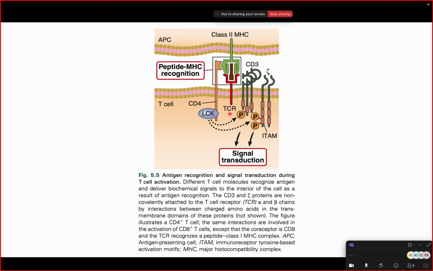Second step, there will be some changes in the receptor. Here that change is basically phosphorylation. This P stands for phosphorylation. When this complex was not made, the phosphorylation was not there. The moment this complex is made, there are changes in the receptor. In this case, it is phosphorylation. The third step is the secretion of secondary messengers.